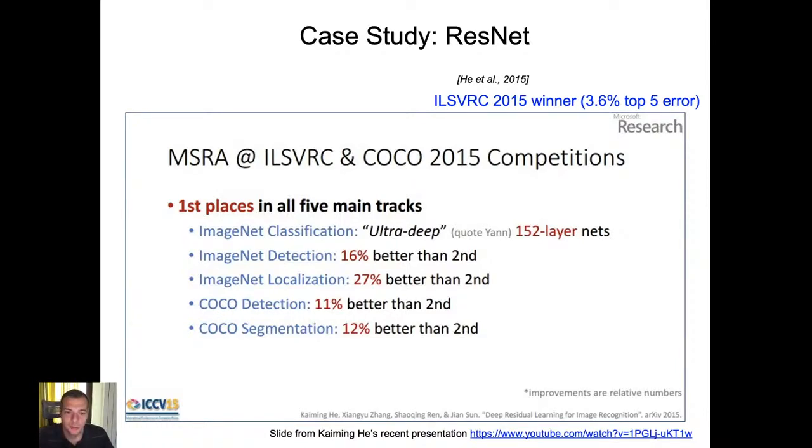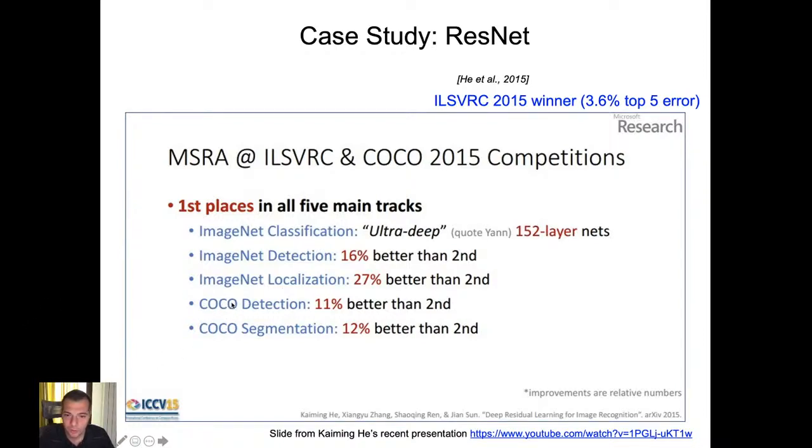So they managed to train very deep neural networks with 152 layers. They obtained first place in ImageNet classification and also good positions in ImageNet detection and localization, so this is also ImageNet.